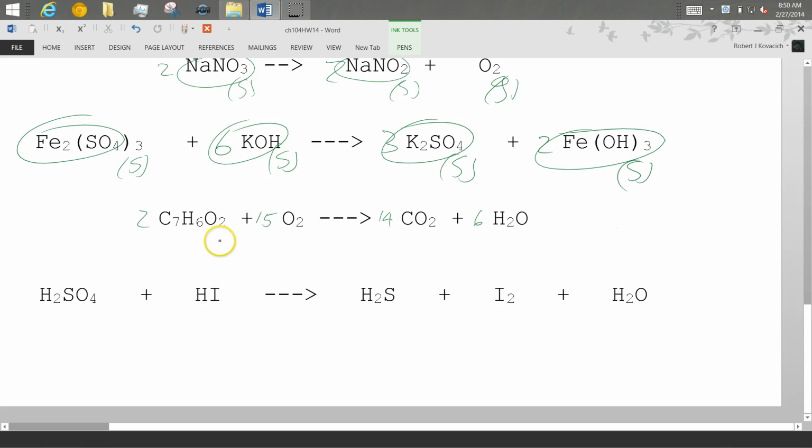And what are your guesses on this guy? Solid, liquid, gas? Definitely not a gas. I would guess solid. I don't actually know what it is. But it's got 7 carbons in it and a couple of oxygens, so my guess is it's probably a solid. And if they have the same number of carbons and hydrogens, it doesn't mean anything in particular.